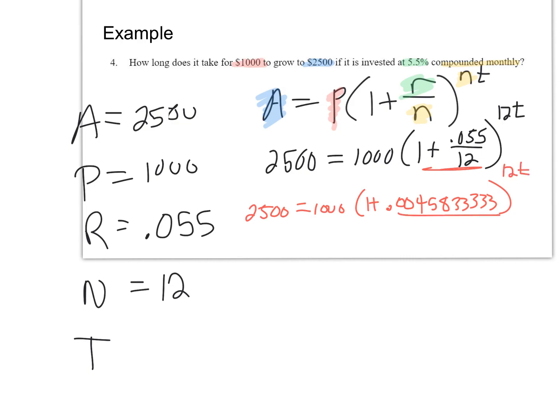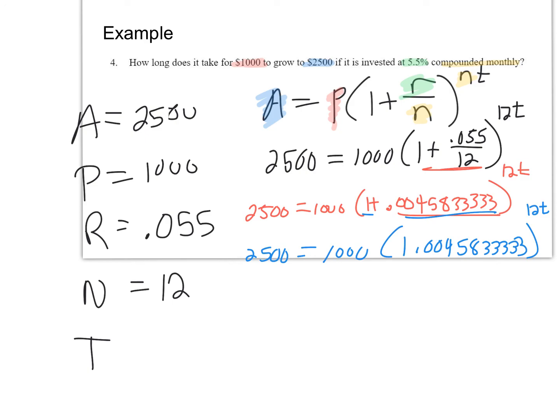Keep everything in the calculator because it'll help you. Because now my next step is we're going to add the 1 to that decimal. So 2,500 equals 1,000 times 1.004583333 raised to the 12th.